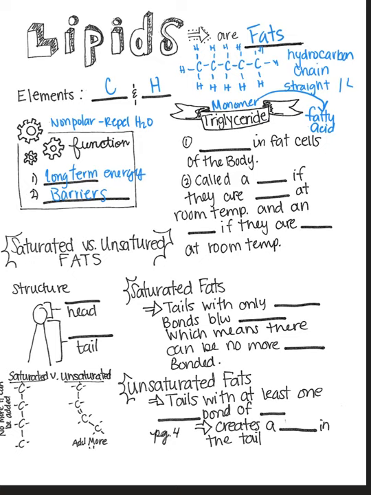There we go. Sorry about that. The monomer is a fatty acid. Now, triglycerides are basically a polymer. So it's a bunch of monomers put together. And the triglycerides are stored in fat cells of the body. So if you go to the doctor and they say your triglyceride levels are high, that's not a good thing.